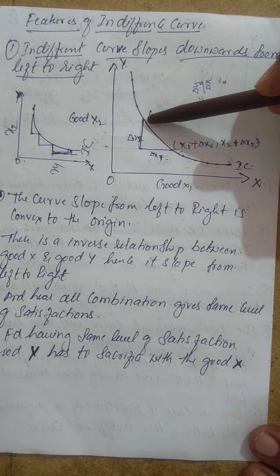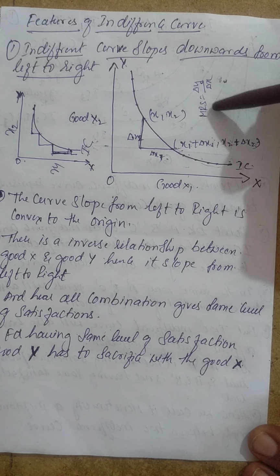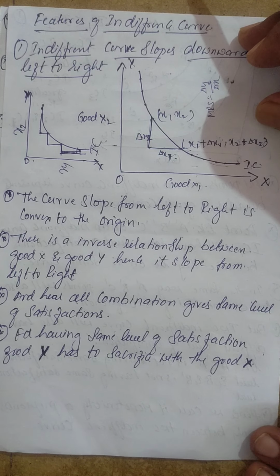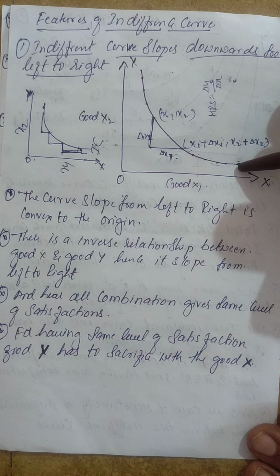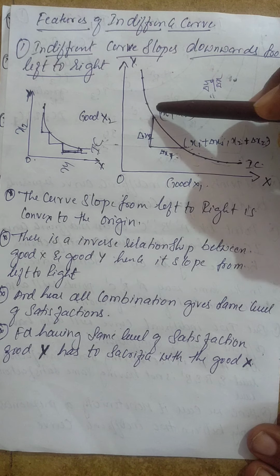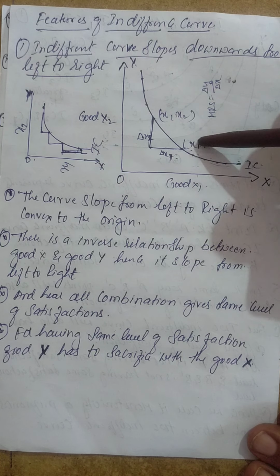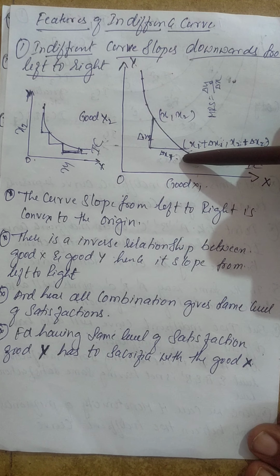If you consider two particular points, x1 and x2 are the two consumption goods, and they have the same level of satisfaction, not a different level, since they are lying on one single indifference curve. But there is a sacrificing nature of goods. As I said, MRS, the marginal rate of substitution, takes place here.